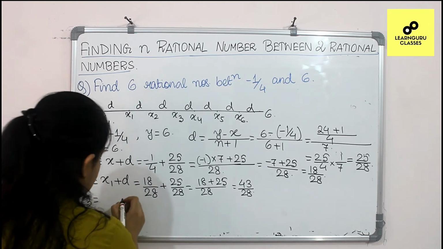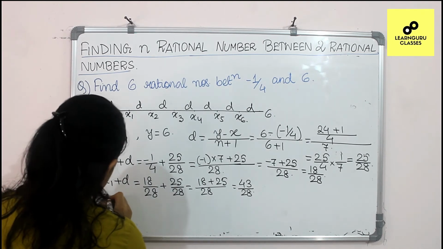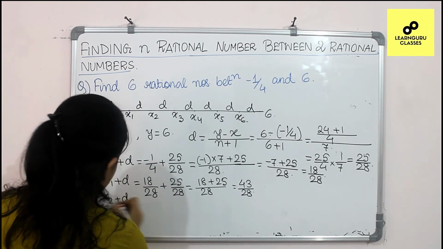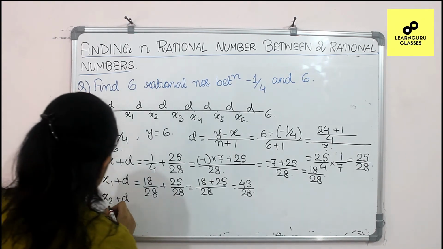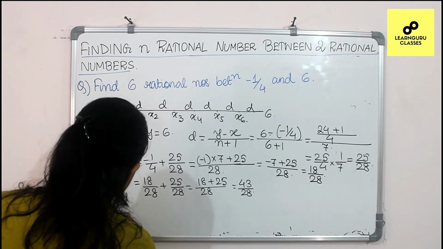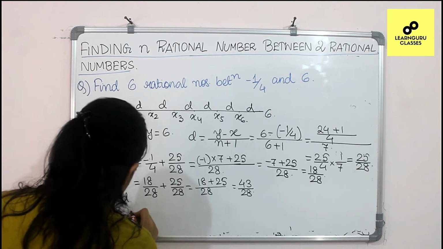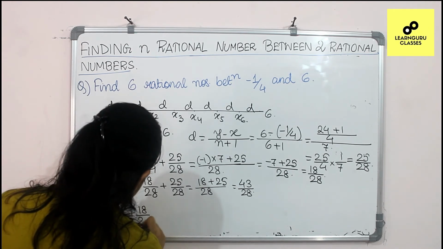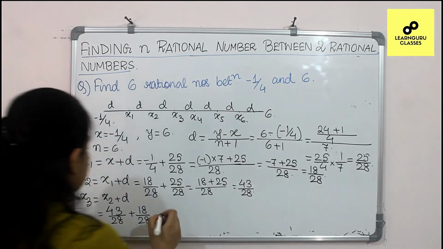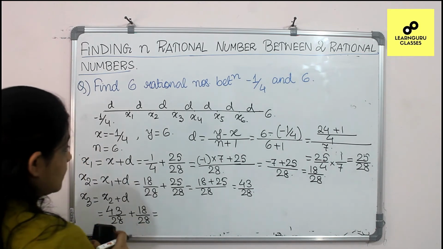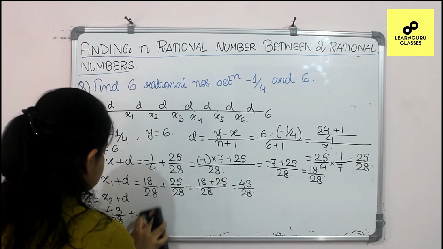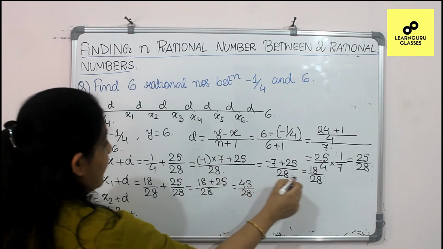x3 you are getting from x2 plus d. So x2 you are getting how much? x2 is 43 by 28 plus, sorry, not 18 by 28, 25 by 28. Sorry, this is the value of x1.